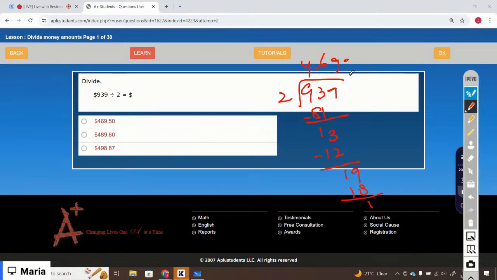Now you have to put a decimal point over here and 0 over here. 2 times 5 is 10.